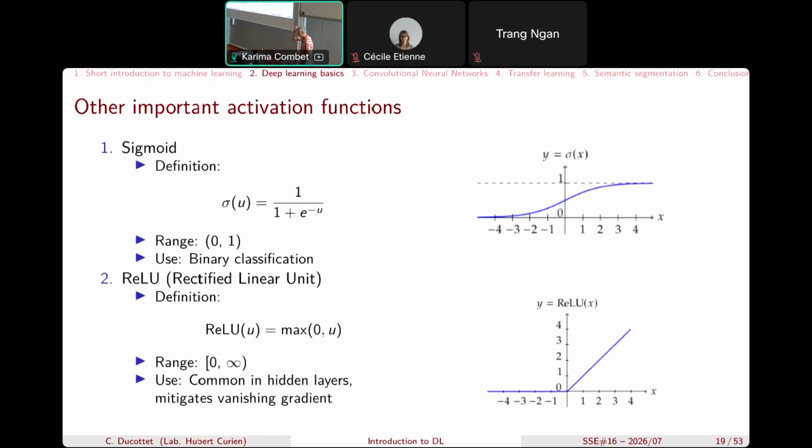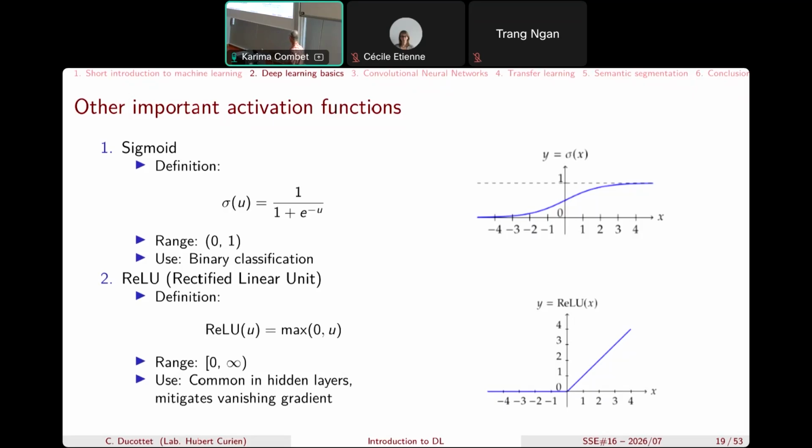So we have other kinds of activation functions. A very famous one is the sigmoid, where we want to put a value between 0 and 1. There is another one which is very important in deep learning, which is the ReLU activation function. The ReLU activation function is a very simple idea.